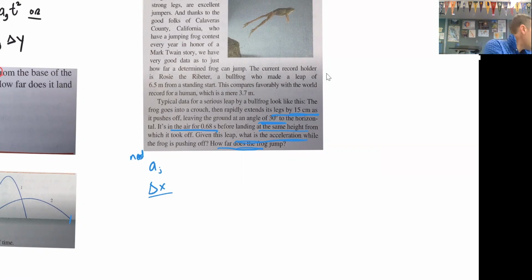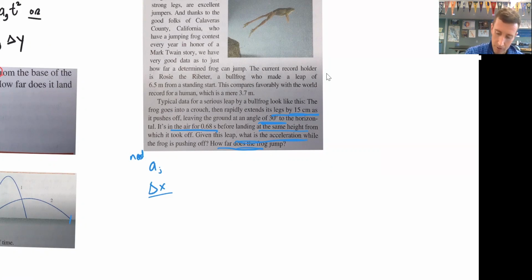So looking at my options here, I think I'm going to have to break this down into horizontal and vertical components. Let's start with the vertical, because the vertical is what controls the time in the air.